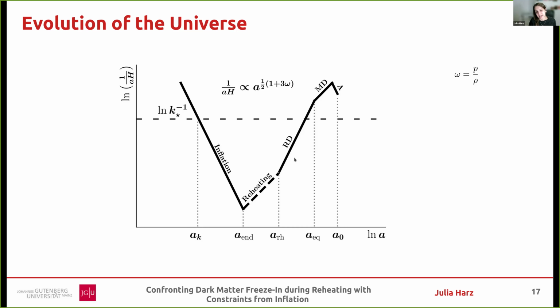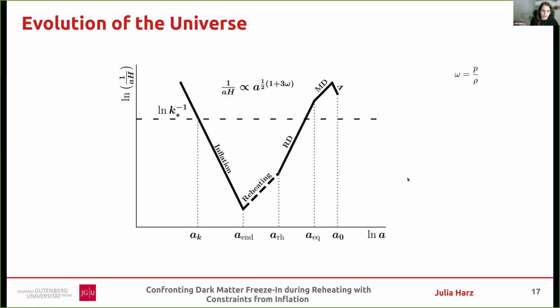Besides the radiation domination, matter domination, and cosmological constant that we saw before, we now introduce a phase of inflation and then reheating. You see that the scale is first larger than the Hubble radius, then exits the horizon, and then comes in again, and we get this typical inflationary picture.